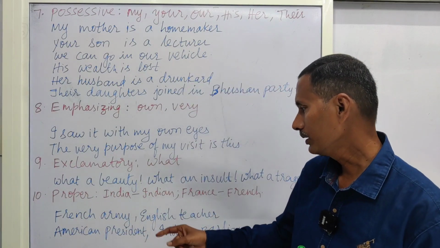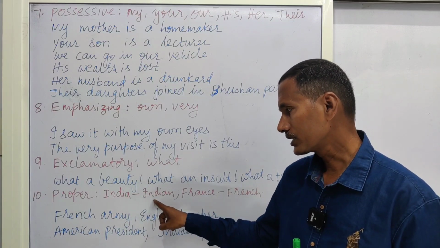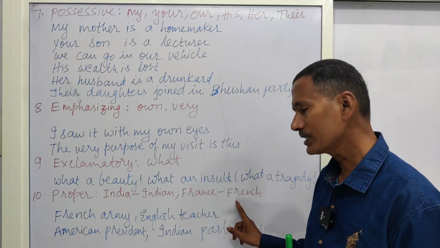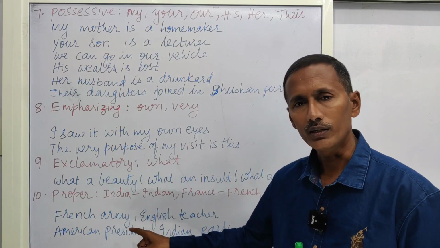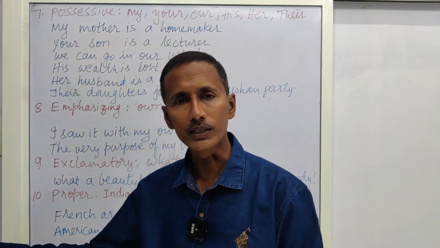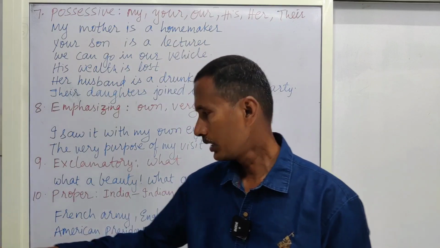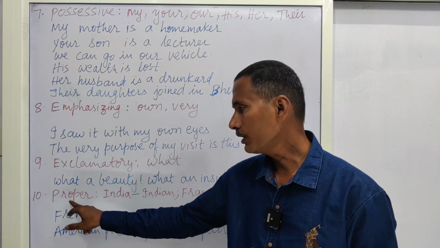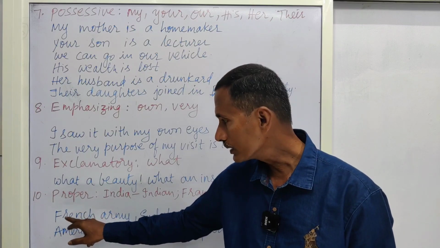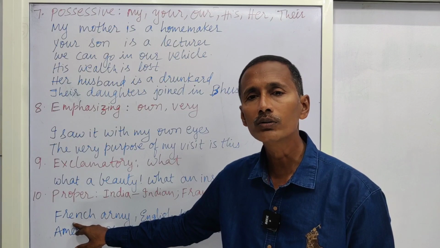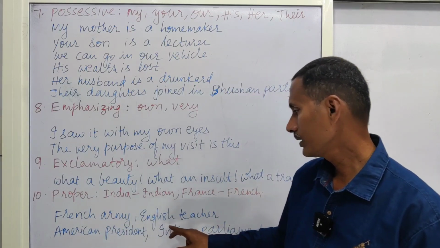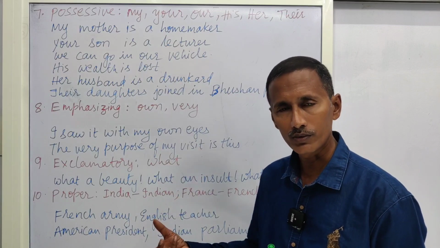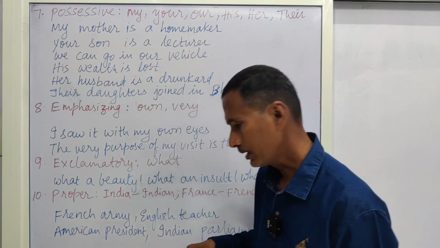For example, Indian, the word that is derived from India. The word that is derived from France is French. "The French army marched towards the south." Which army? French army. So this is called a proper adjective because it is derived from the proper noun France. In the same manner, English man or English teacher, the word derived from England.